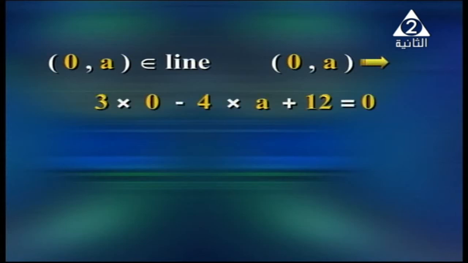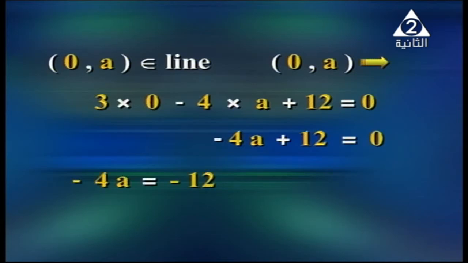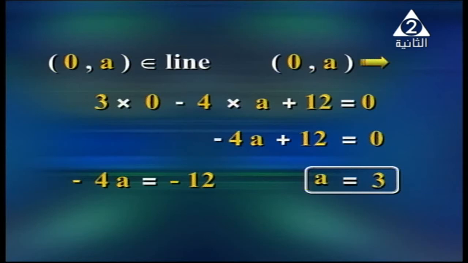So we can substitute x equals 0 and y equals A. Then 3 multiplied by 0 minus 4 multiplied by A plus 12 equals 0. So by collecting like terms, negative 4A plus 12 equals 0. Then negative 4A equals negative 12. And in this case, we can find the value of A as 3.